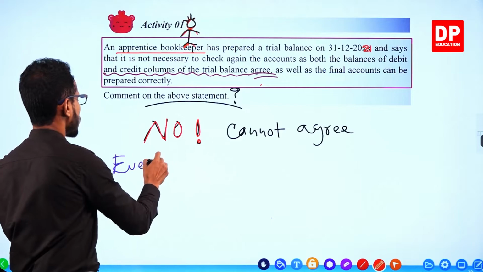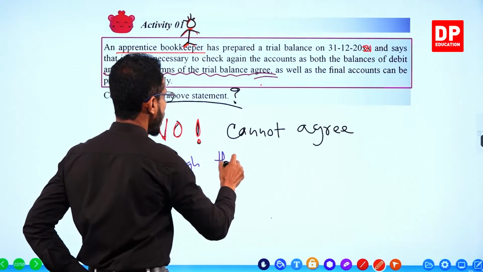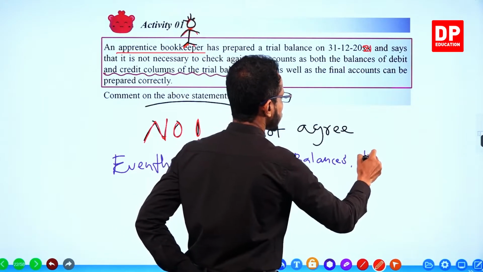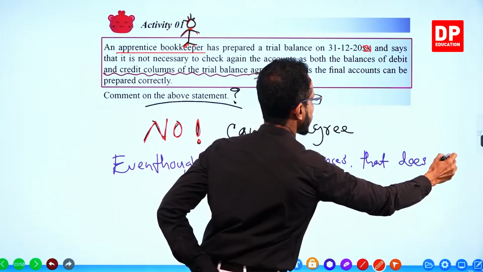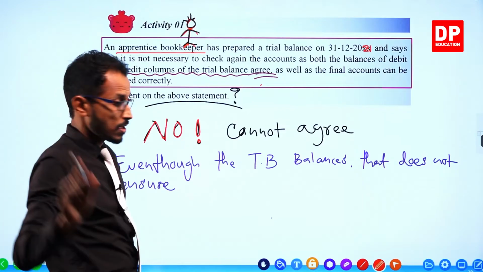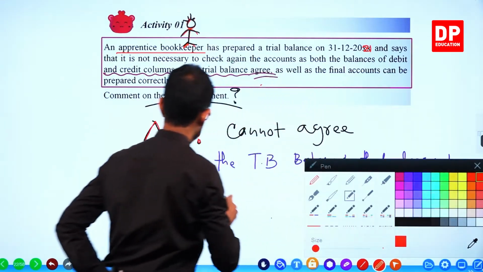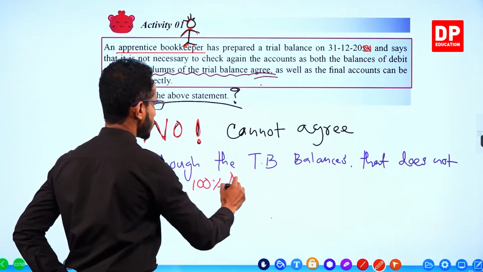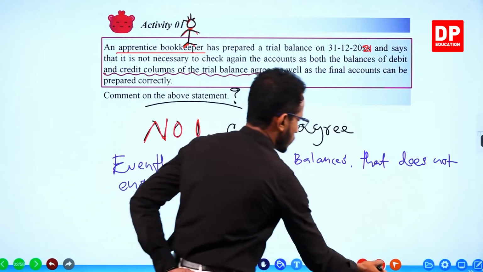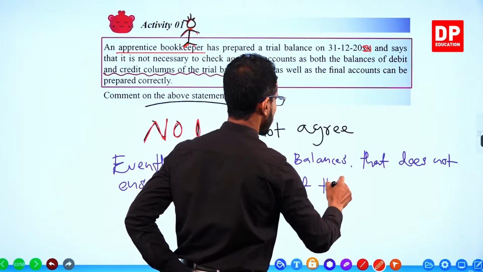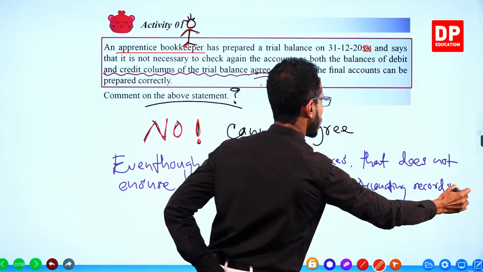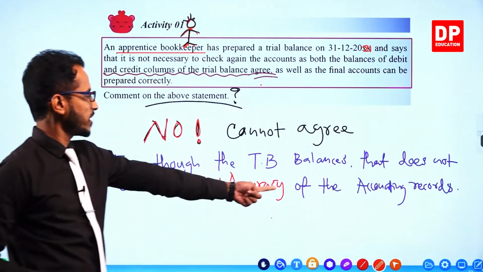Even though the trial balance balances, that does not ensure 100% accuracy of the accounting records.